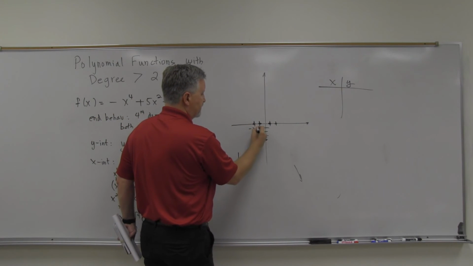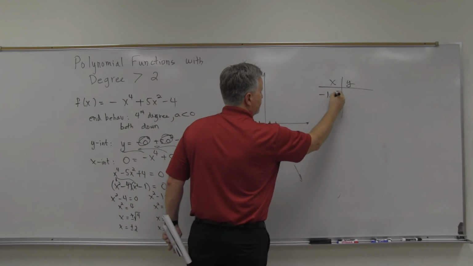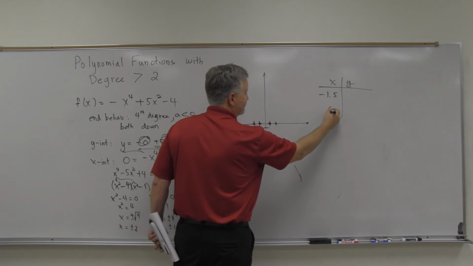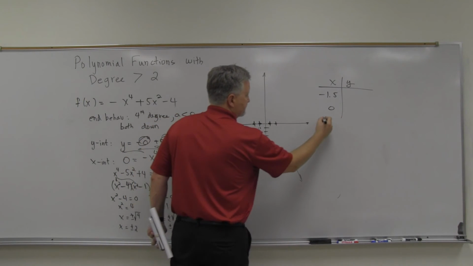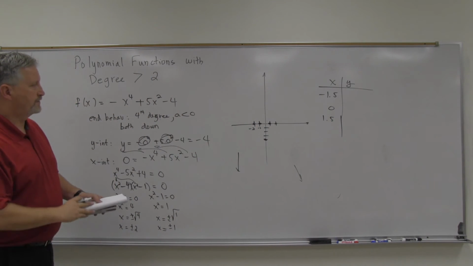Between these x-intercepts, we're going to have to go like negative 1.5. Good news is between these, I've already got one, 0. And then between those, positive 1.5. So it's really not too bad.